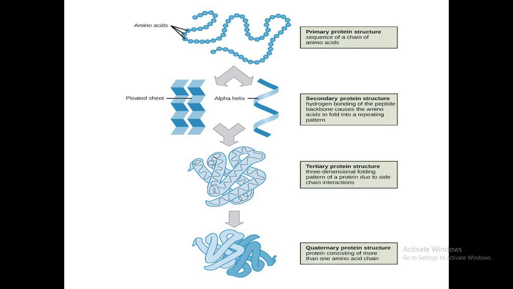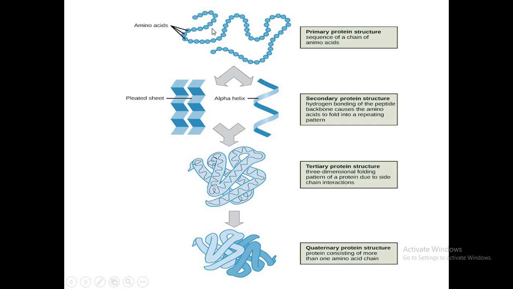Different amino acids have different side chains, and there are 20 amino acids existing in nature, all different from each other due to differences in their side chains. When these amino acids join with each other via peptide bonds, they make a polypeptide chain, and this sequence of amino acids in a polypeptide chain is the primary structure of a protein. And what is the secondary structure of a protein?